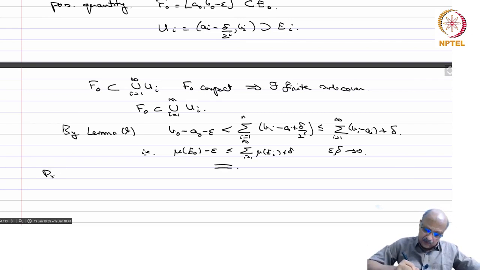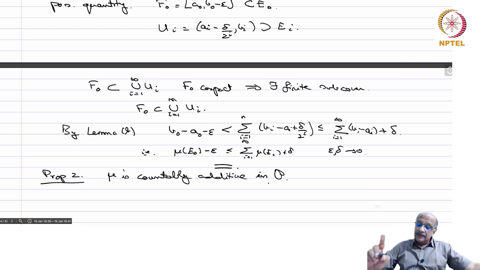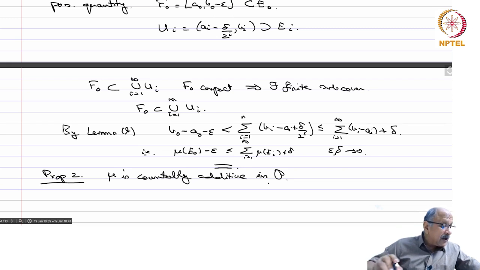So proposition 2: mu is countably additive in P. We are not yet saying it for R, which is what we actually want, but this is going to be the first step.